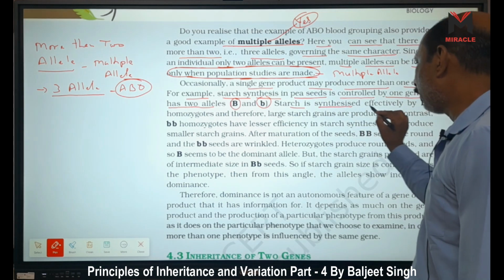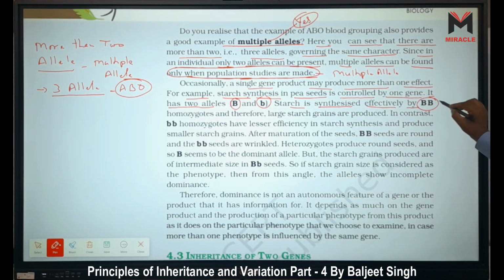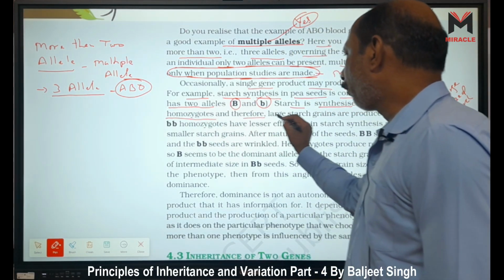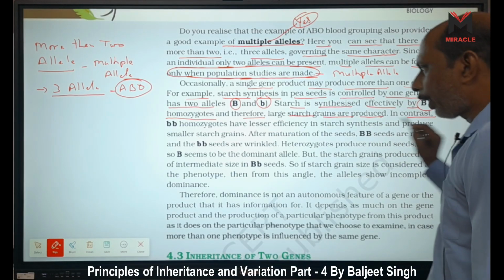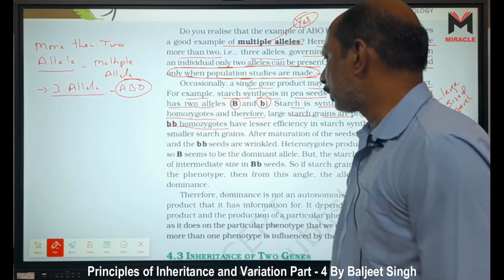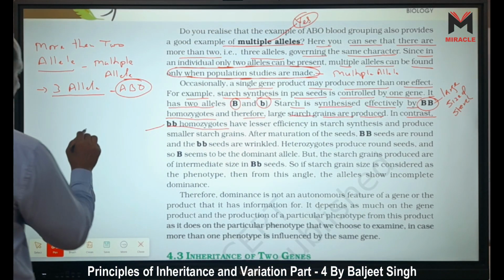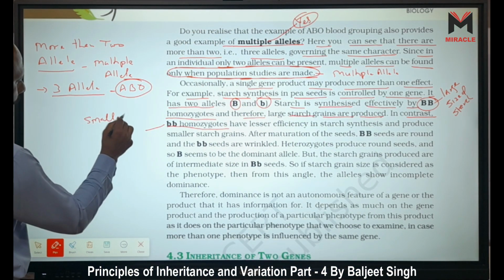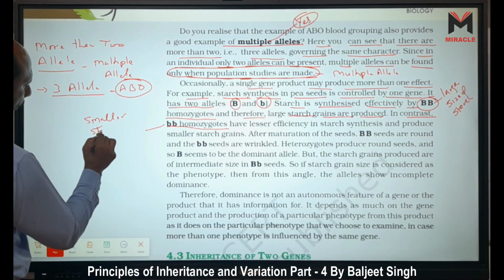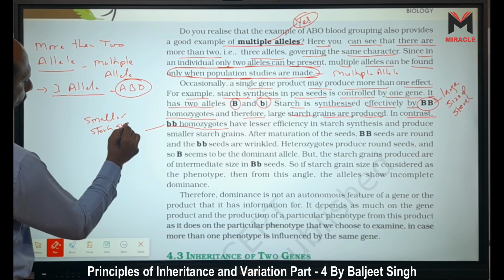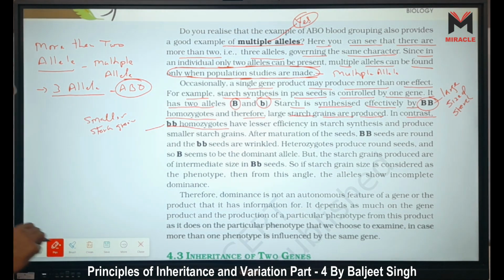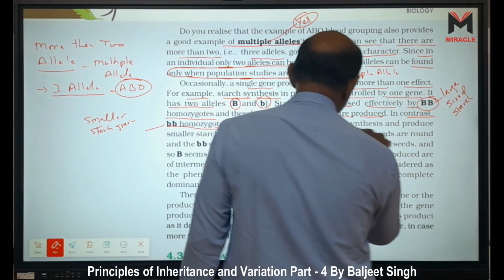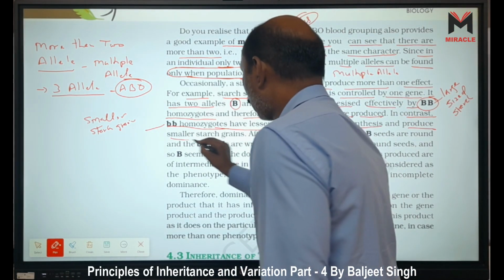Starch is synthesized effectively by capital B, which means large size starch. In the homozygote, large starch grains are produced. In contrast, small b homozygous has lesser efficiency in starch synthesis and produces smaller starch grains.